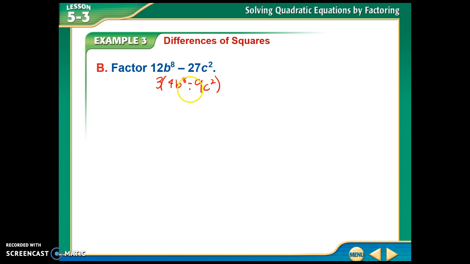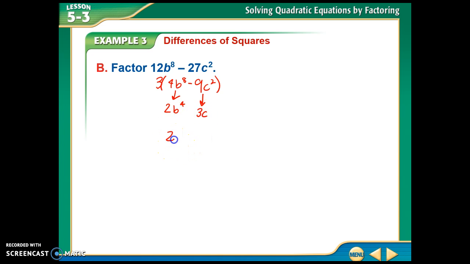I've got a difference. 4 is a perfect square, the square root's 2. 9 is a perfect square, the square root's 3. B to the 8th and c squared are both even exponents, so that means I can take the square root. The square root of 4b to the 8th is 2b to the 4th. The square root of 9c squared is 3c.